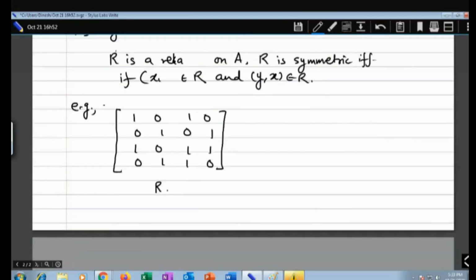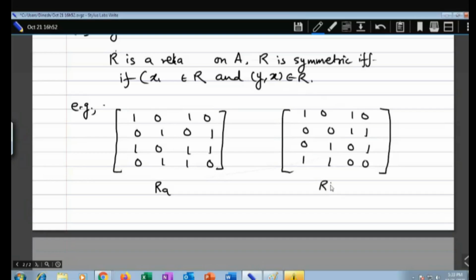This is relation A. And I will draw one more relation for you: 1 0 1 0, 0 0 1 1, 0 1 0 1, and 1 1 0 0. This is relation B.